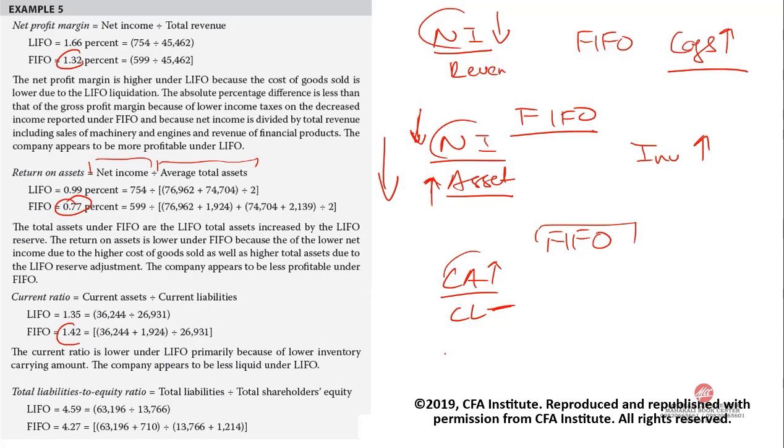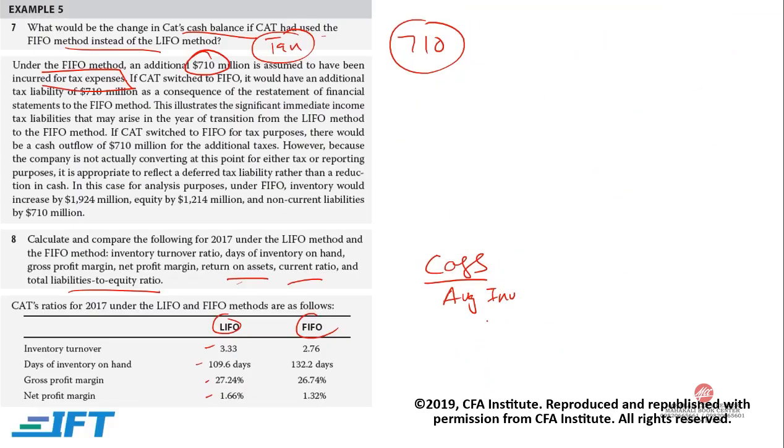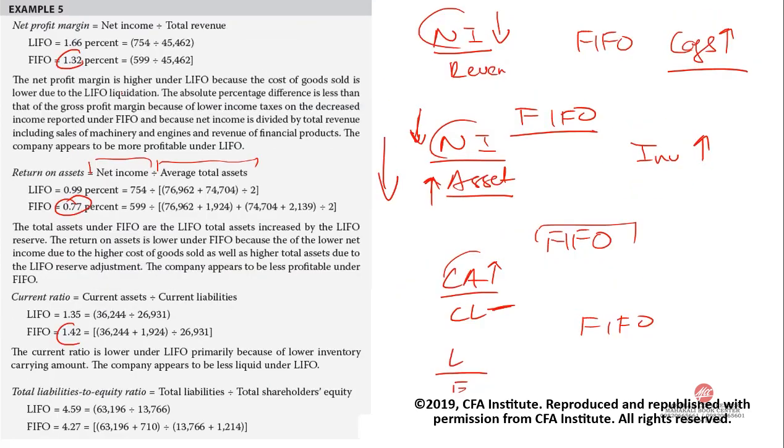Now, total liabilities over equity. Over here we need to understand that in FIFO, liabilities would be higher because of this 710. If the company switched to FIFO, it would have an additional tax liability of 710.